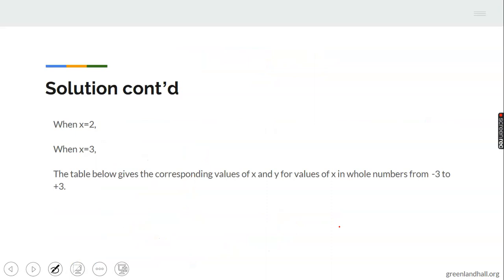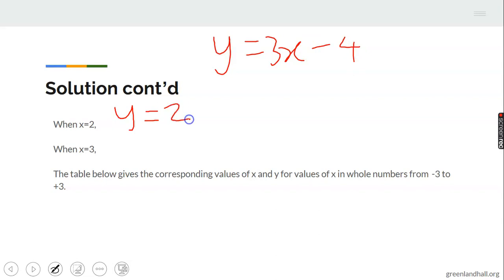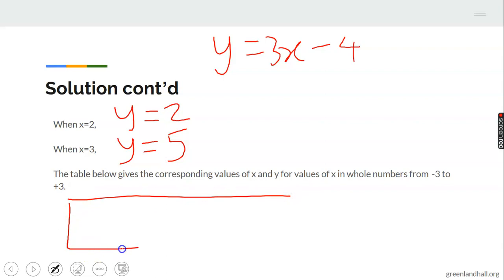When x equals 2, what is your y? You have y equals 3x minus 4, so that will be 6 minus 4, that will be 2. Then when x equals 3, that will be 5. Now, we're going to draw our table of values for the equation.